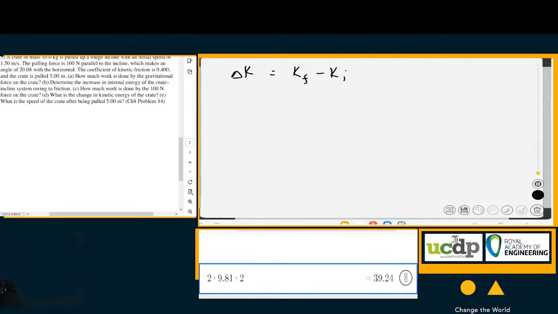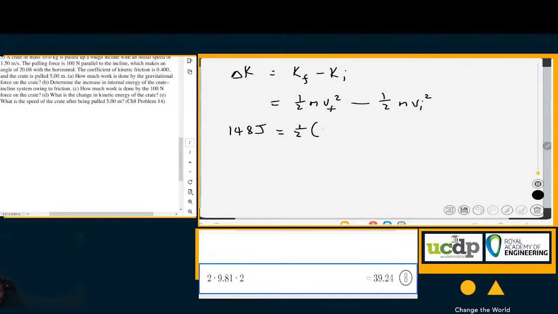That is a half mass times final velocity squared minus a half mass times initial velocity squared. And if you plug in everything, we just worked out that this is 148 joules.